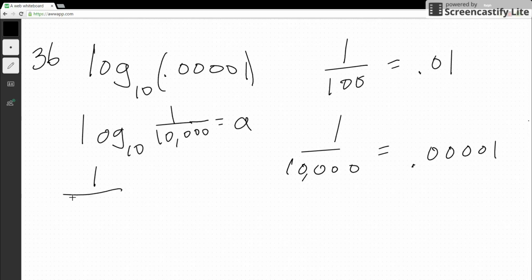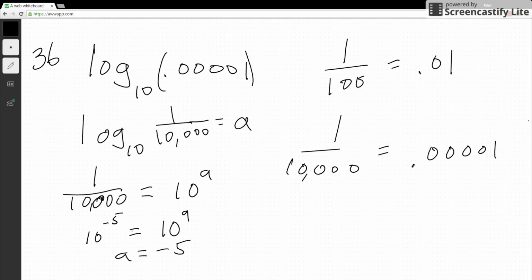Basically I'm looking at 1 over 100,000 equals 10 to the a. This is the same as 10 to the negative 5 equals 10 to the a, and a equals negative 5.